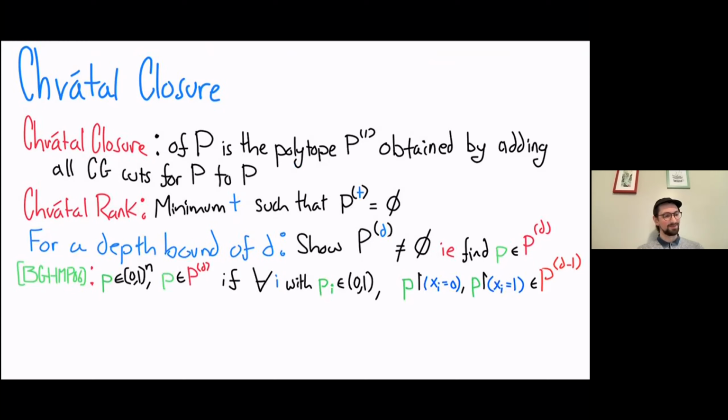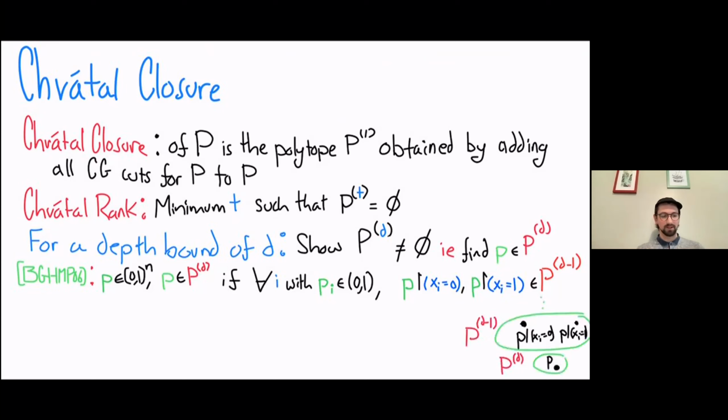This was the strategy that was used in this paper by Buresh-Oppenheim and a bunch of other authors. They wanted to find a point that's in the d round closure of this polytope. To do this, they gave a condition for a point to be in the d round closure. They showed that a point is in this closure if for every fractional coordinate in this point, if you fix it to both 0 and to 1, then this is in the d minus first round of the closure.